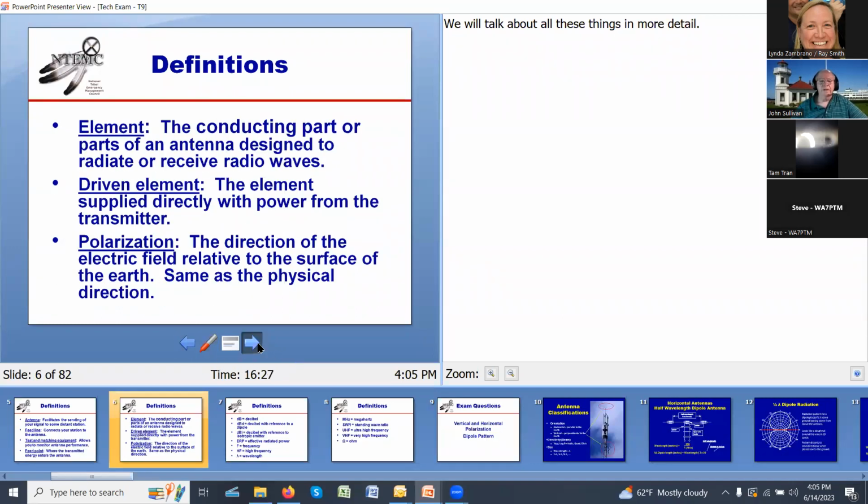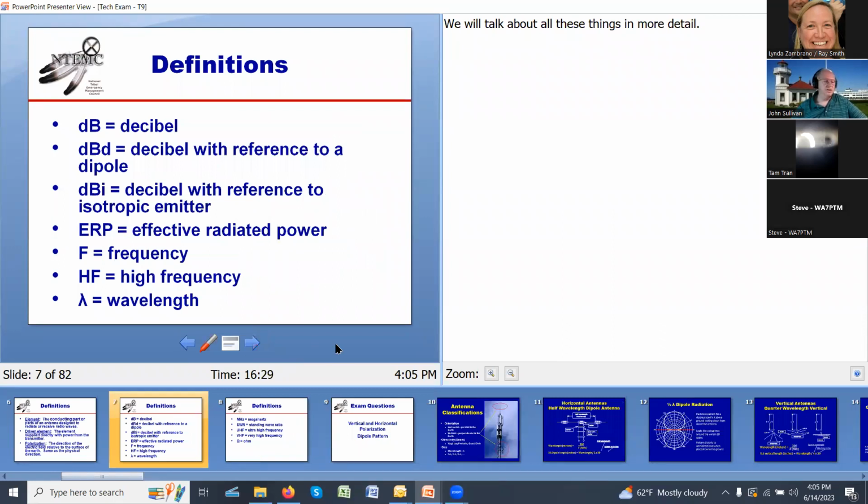So some other definitions and abbreviations. dB is decibel. dBd is decibel with reference to a dipole antenna. dBi is decibels with reference to an isotropic emitter. ERP is short for effective radiated power. You'll see us using F for frequency here.